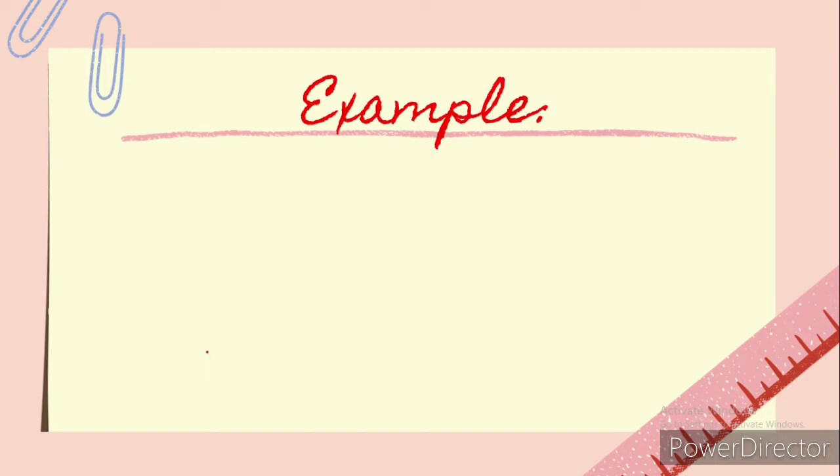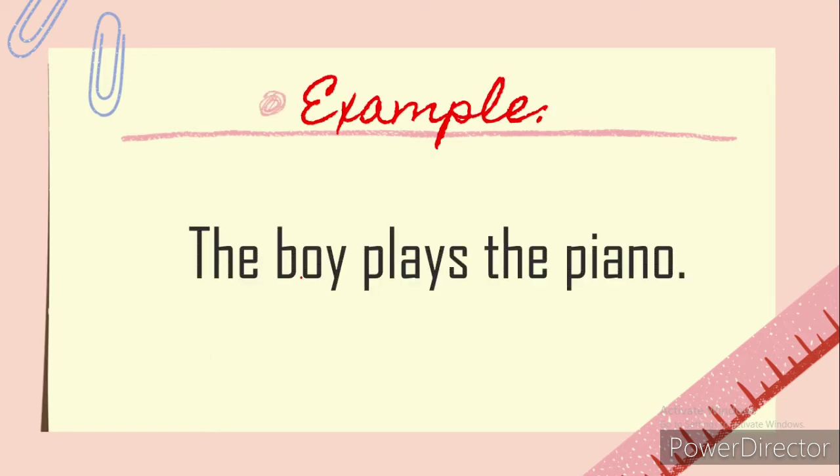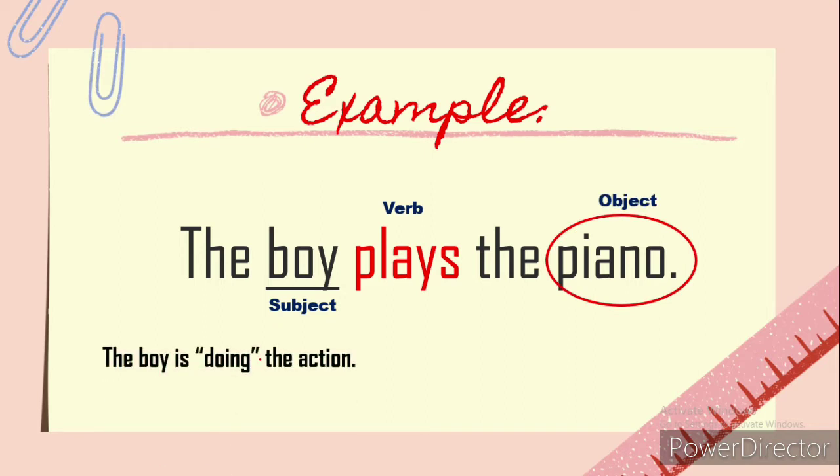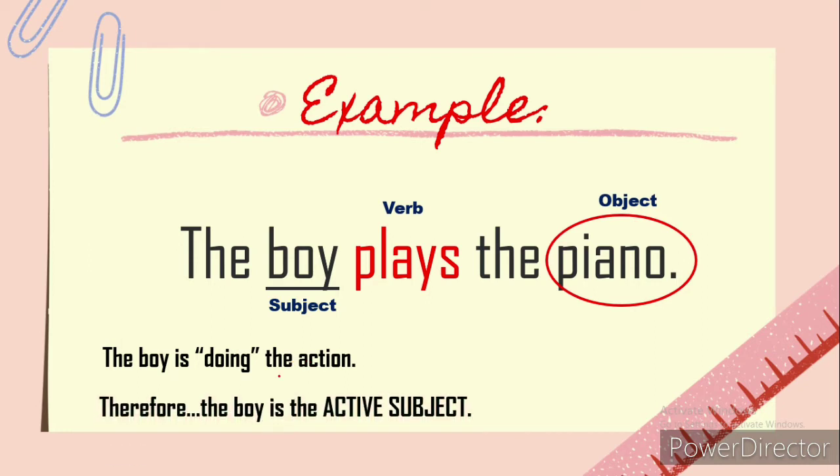For example, the boy plays the piano. Boy is the subject, plays is the verb, and piano is the object. The boy is doing the action. Therefore, the boy is the active subject.